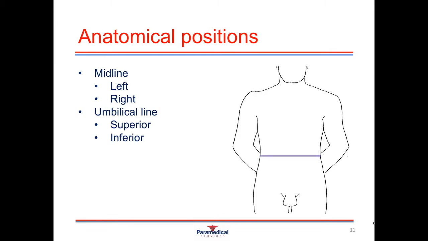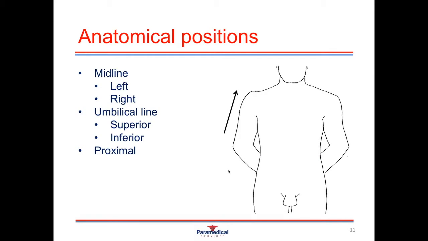So to use this as an example, we could say that the head was superior to the neck, or that the collarbone or clavicle was superior to the second rib. And we could also say that the fourth rib is inferior to the third rib. So it's just being able to describe things as either being above a certain object or below a certain object.